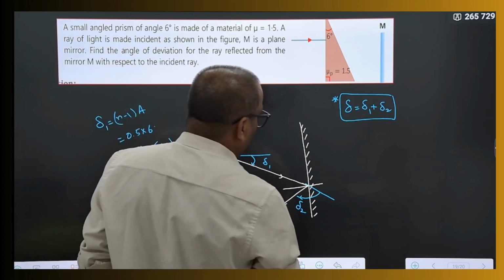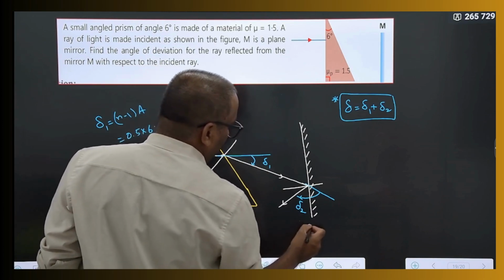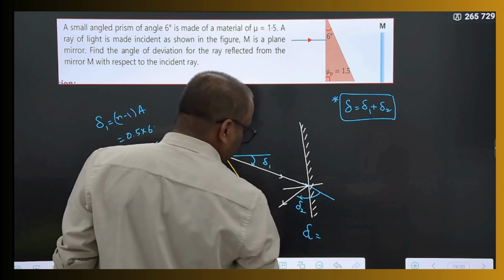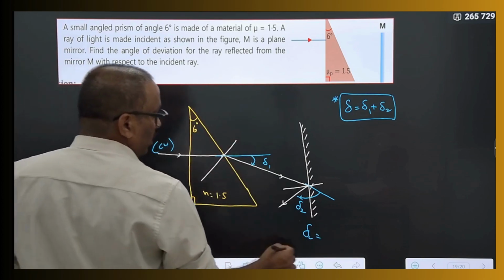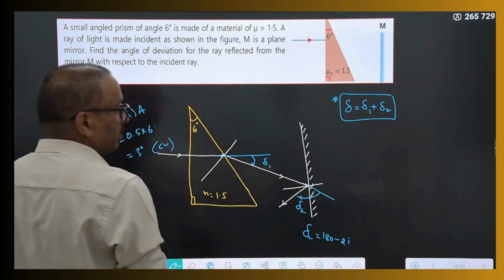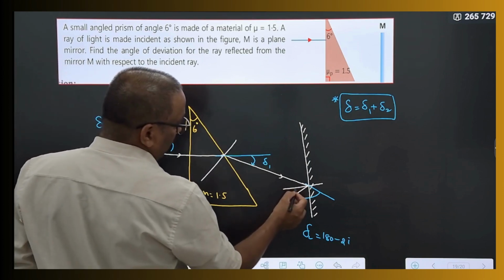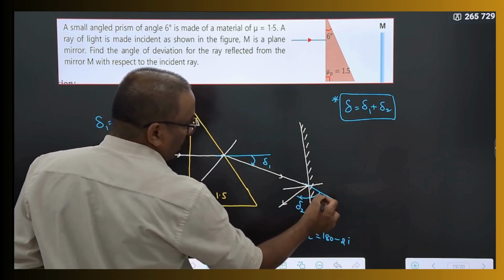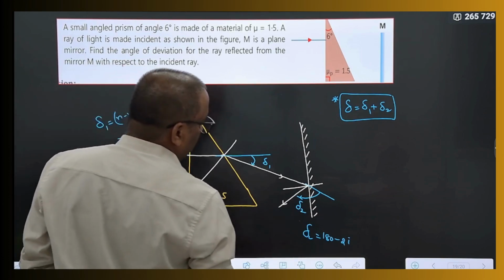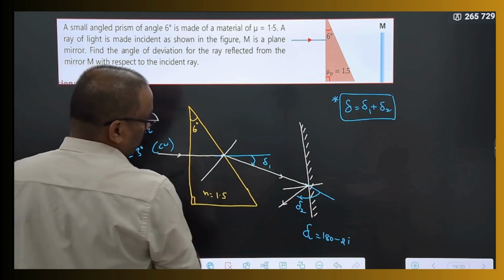Now, in reflection, what will be your angle of deviation, delta 2? What is the formula I discussed? Therefore, 180 minus 2i. Clear? Understood? So, here you can see this is totally 180. Therefore, 180 minus 2i. So, what will be the angle here?